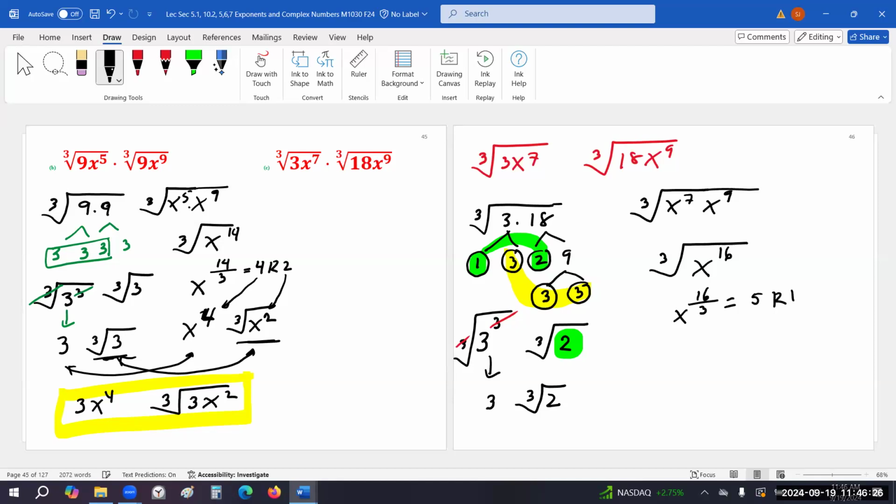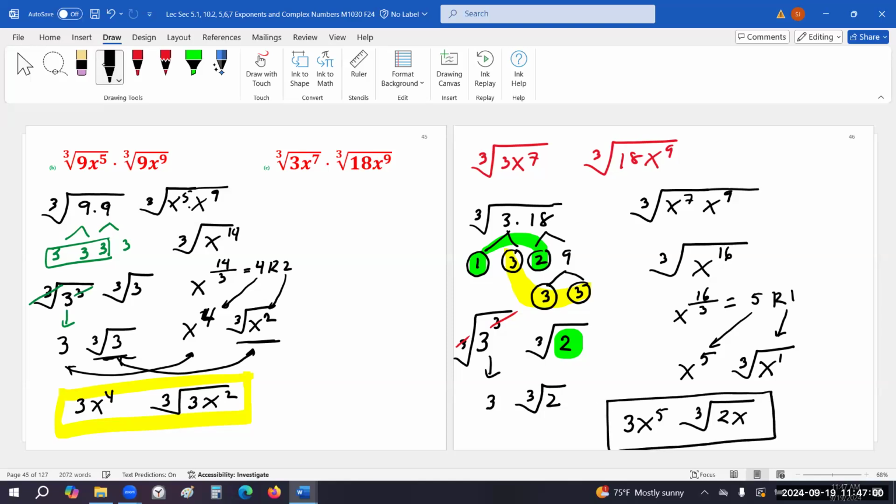Remainder 1. The remainder is the lonely one. It goes back inside the radical as a power. The whole number 5 goes outside as part of the variable. So what do we have free? And what do we have lonely? 2x to the 1 power. If you don't want, you don't have to write 1. Simply drop it.